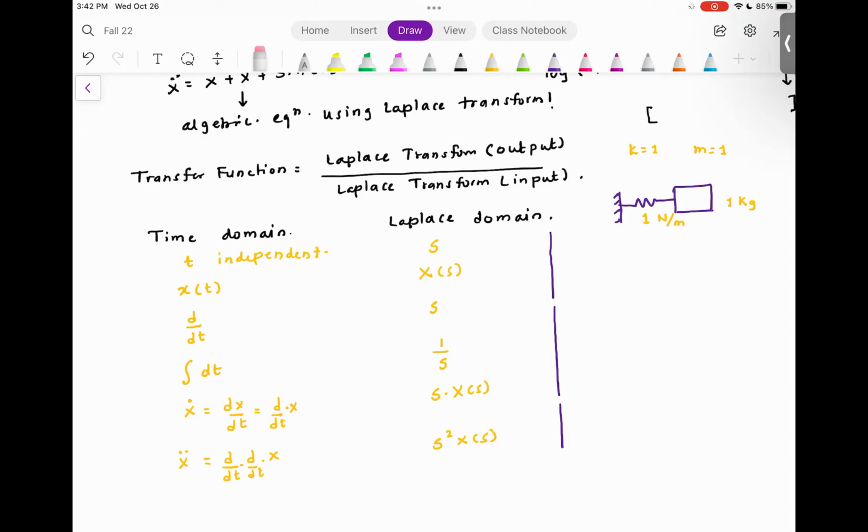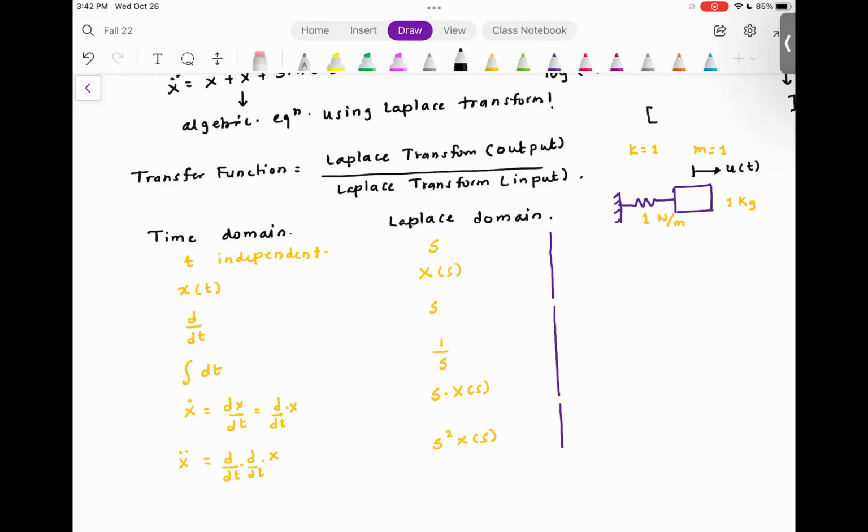And on this mass, I have an input U of t. This input could be a constant, a sinusoid, a ramp, or a step. So this input can be anything.